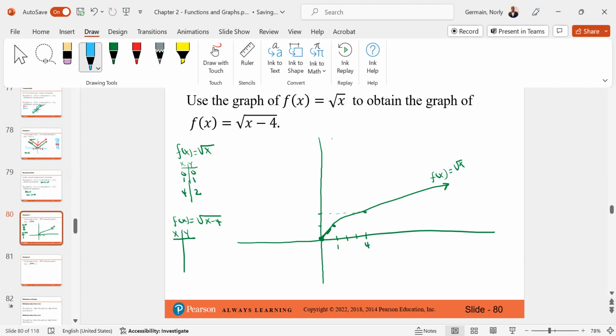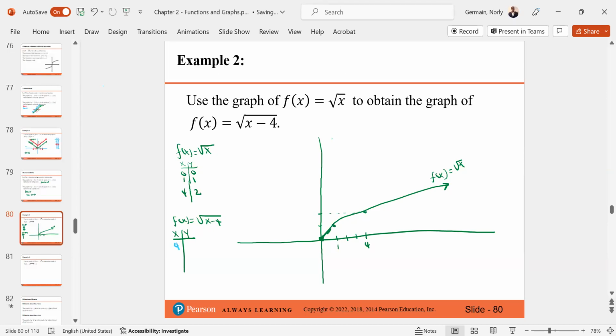Now look at that function. X cannot be 0. X cannot be any negative number. X cannot be 2 or 3. The first number x can be is 4. So that means we shift our graph horizontally 4 units to the right.